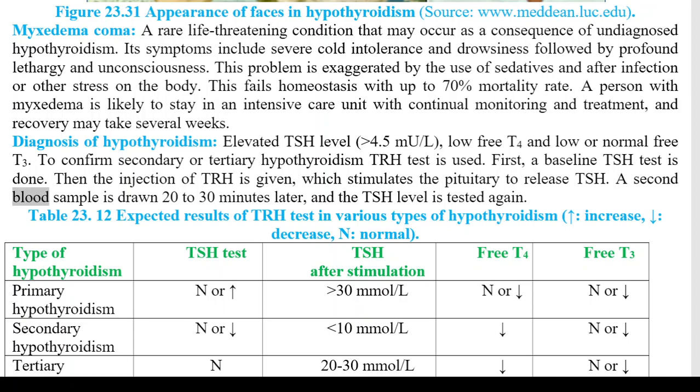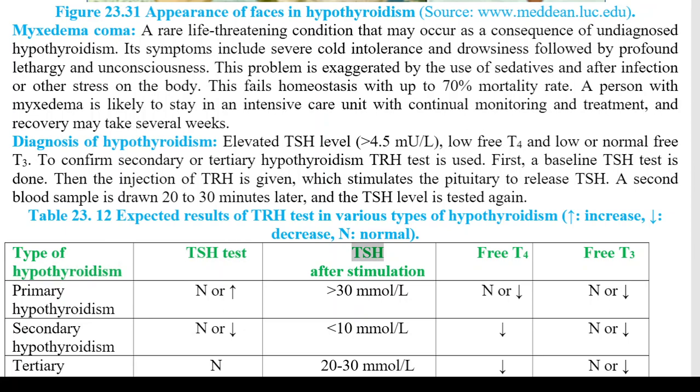A second blood sample is drawn 20 to 30 minutes later, and the TSH level is tested again. Table 23.12 Expected results of TRH test in various types of hypothyroidism: upward arrow, increase, downward arrow, decrease, N, normal. Type of hypothyroidism. TSH test.